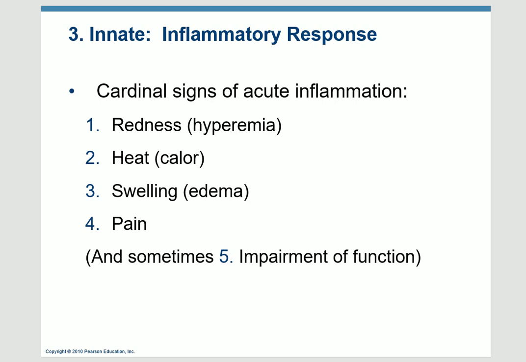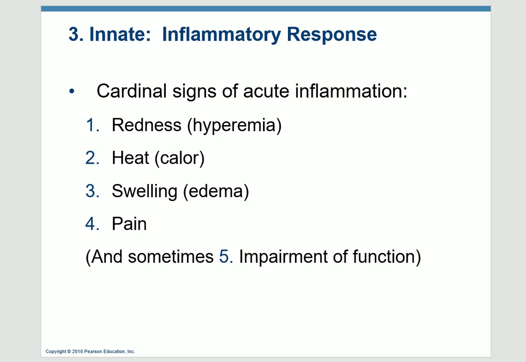The third part of the innate internal defense system is the inflammatory response. Some of the cardinal signs of inflammation are redness, technical term hyperemia; heat, calor. If you speak Spanish, calor is hot. So remember, also calories.